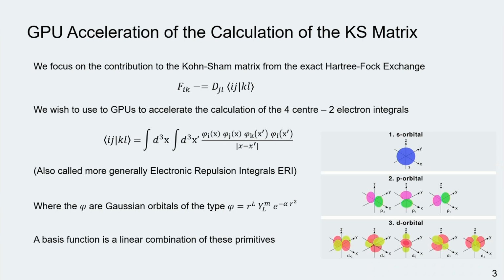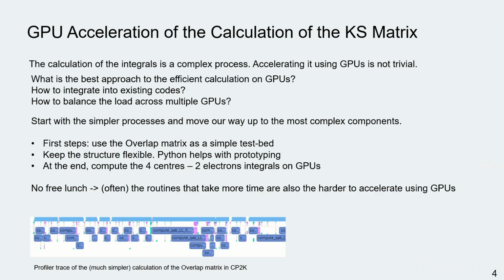And then an actual basis function is a linear combination contracted over these primitives. Now, we need to compute an enormous number of these integrals, and as you saw from the equation before, they are also complicated. They are 6-dimensional integrals in x and x prime, plus you have the Coulomb term in the middle, complicating convergence quite a bit.